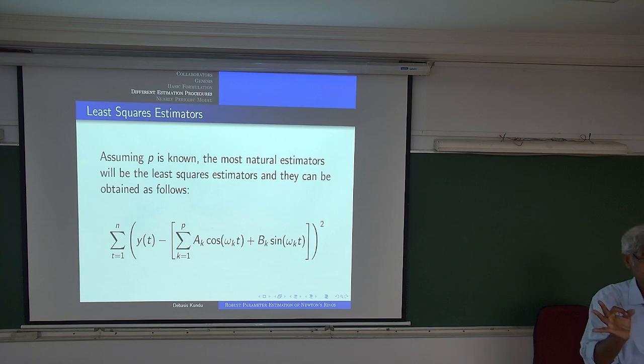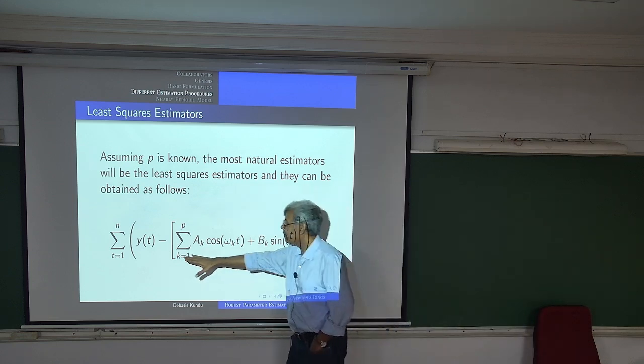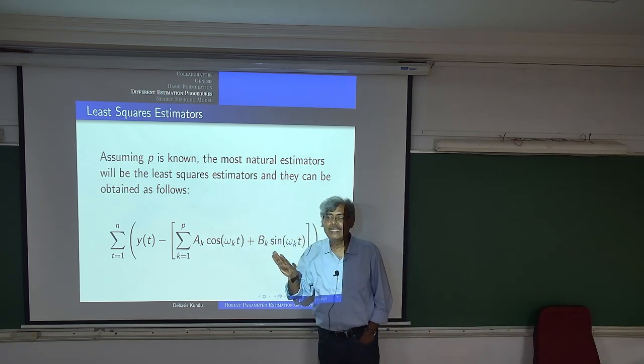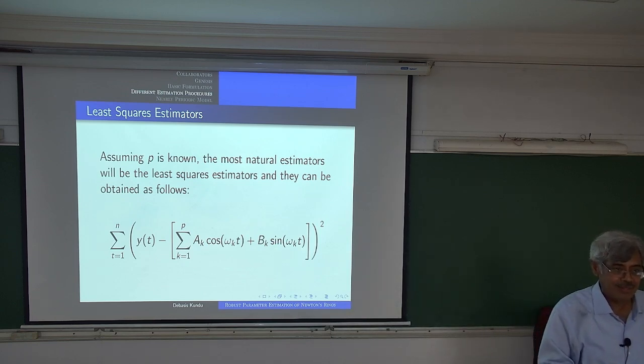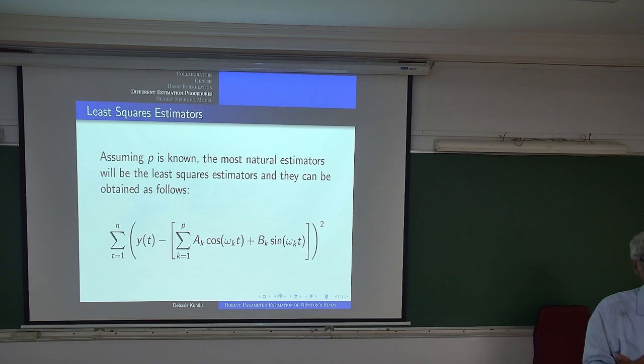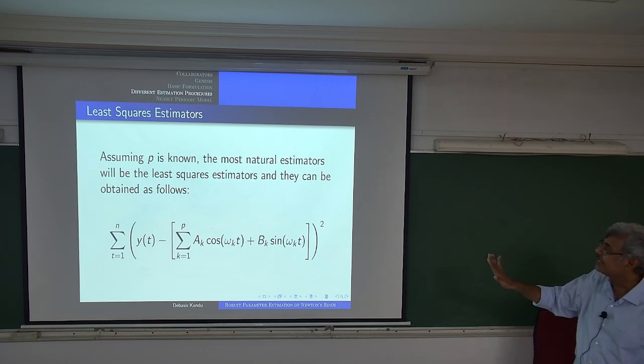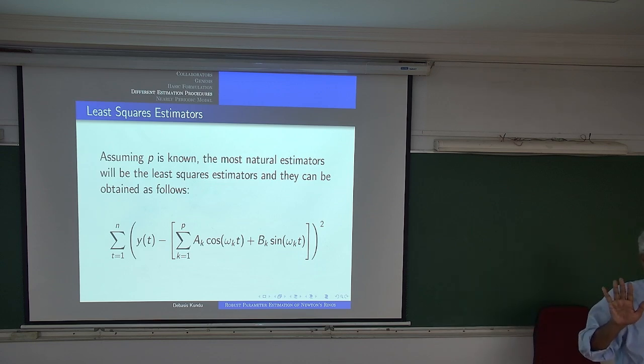Even if p is equal to 5, you have 15 parameters to estimate to minimize that quantity. So it is a 15-dimensional optimization problem. That's the reason it makes it a numerically challenging problem.